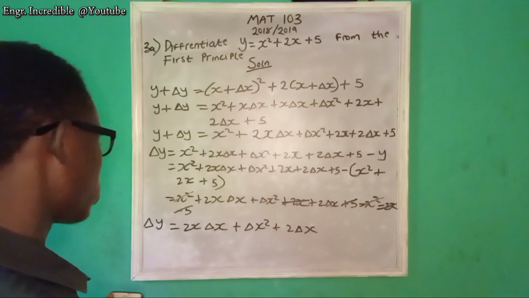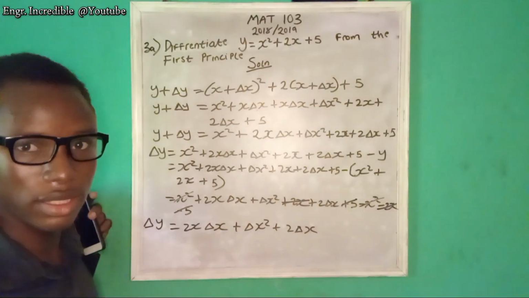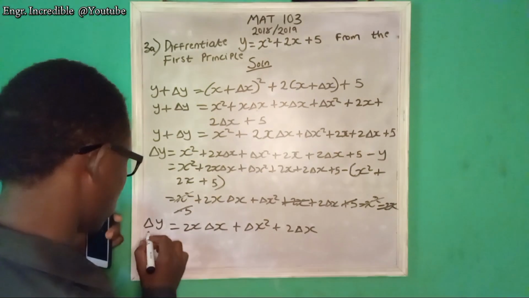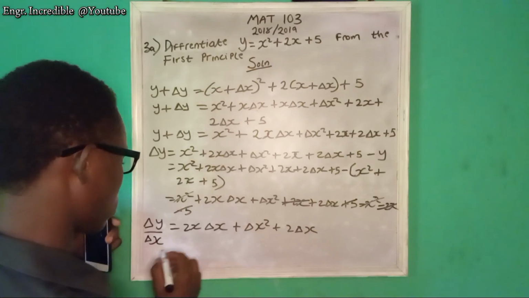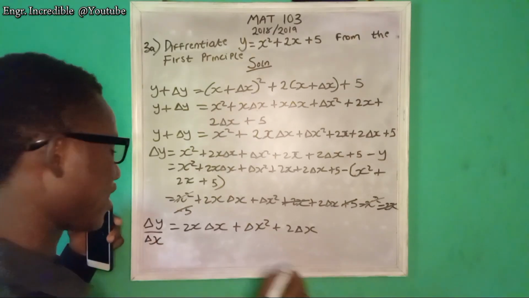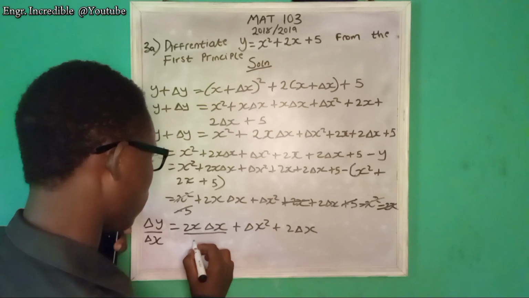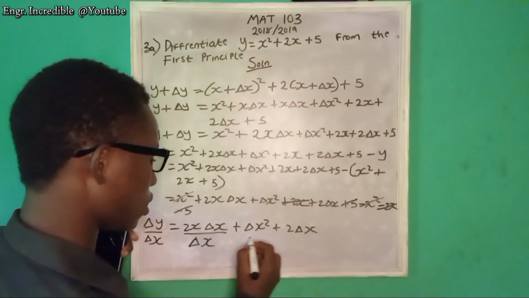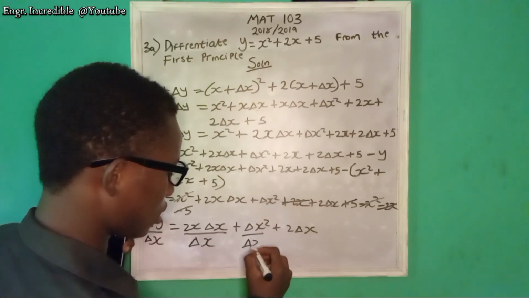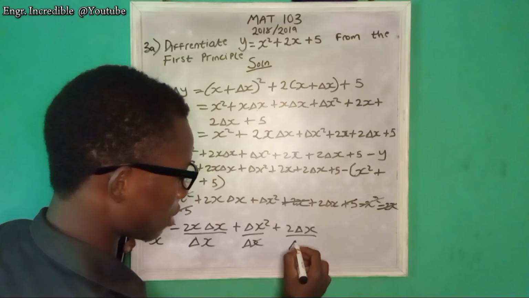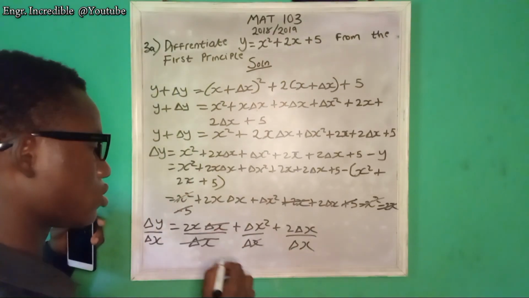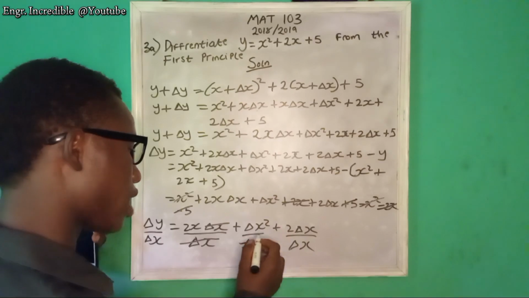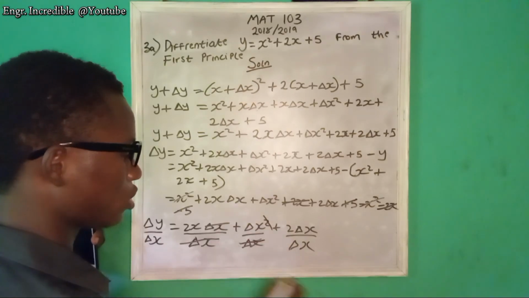Now, if we are continuing, we are going to divide all the sides by delta x. So we have delta y over delta x, divide everything by delta x. We have delta x here divided by delta x, and here divided by delta x. So delta x here cancels delta x, leaving 2x. Delta x here cancels one of the delta x here, leaving only delta x.